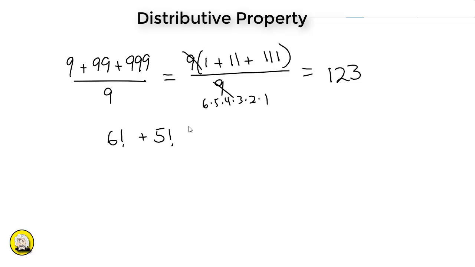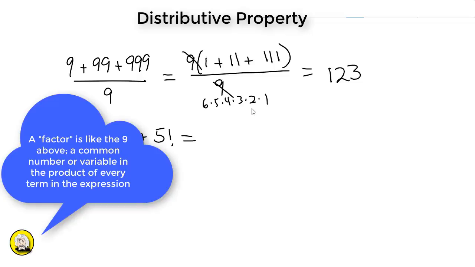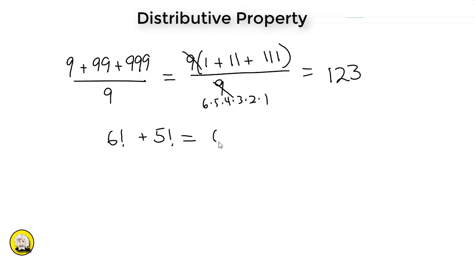But what the heck do I do with it when I'm adding factorials? Again, I might be able to distribute something out, some factor I will see hidden among the 6 factorial, the 5 factorial, and I really note that 6 factorial is just 6 times 5 times 4 times 3 times 2 times 1, which we just said is 5 factorial.